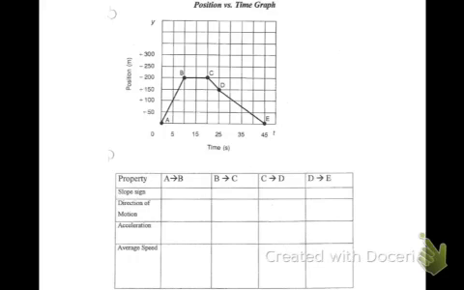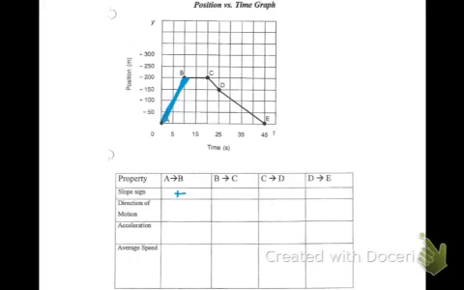So basically what I'm asking is what you used to do in geometry, identifying the types of slope. So this line right here. So A to B. So it is a positive slope because it's going up.